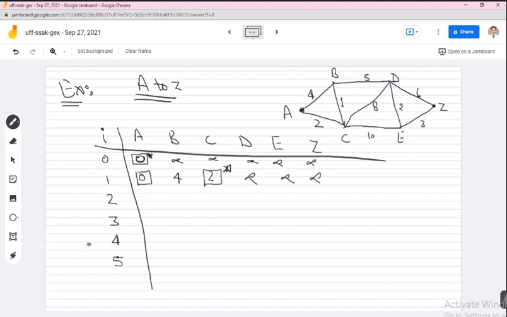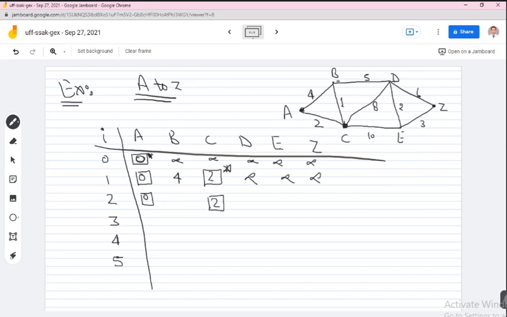Okay. Now we are here at C. I have already taken this one, and it is now 2. Now from C, what are the nearest points?